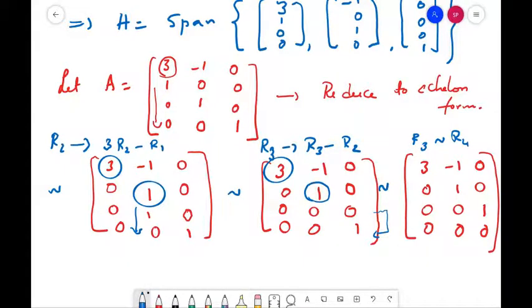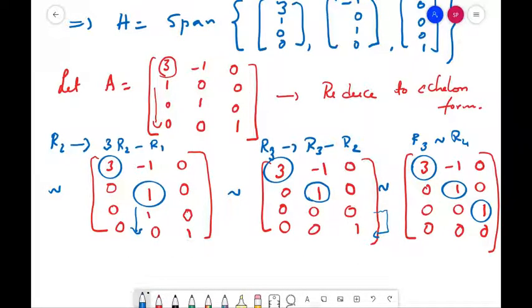Now what are the pivot positions? The pivot positions are this one, this and this, so all these 3 columns, because you have 3 variables B, C, D. Remember, if I had used an augmented column of 0 0 0 0, then I would omit the last column, but I haven't used it, so I can consider all these 3.